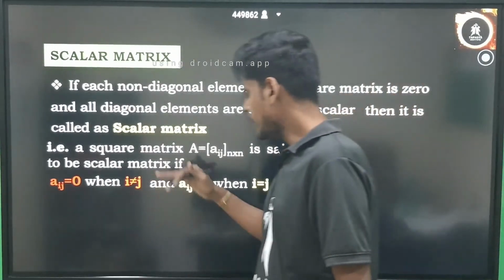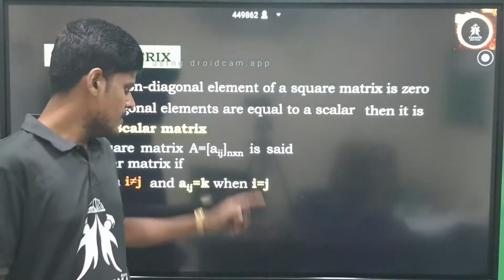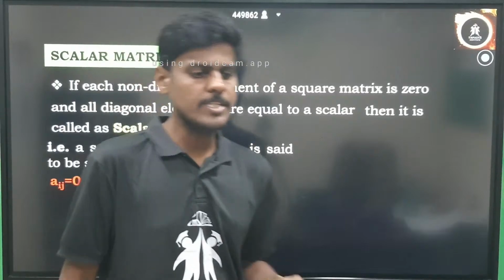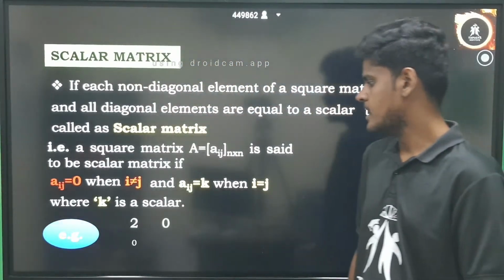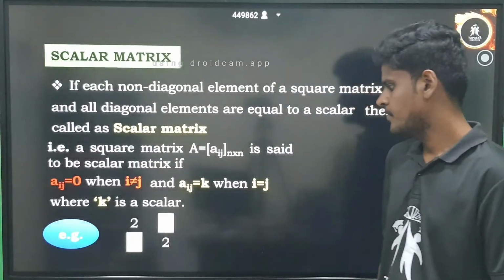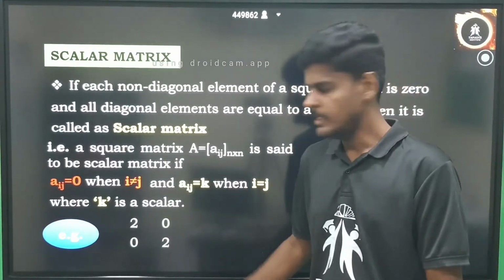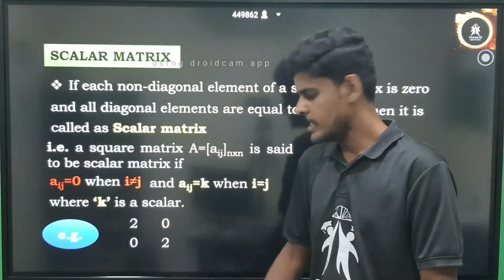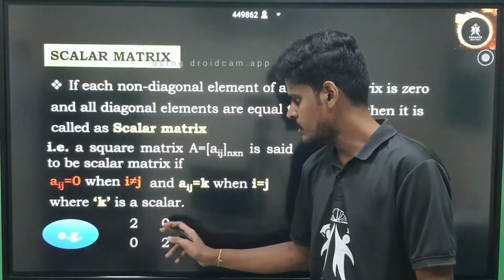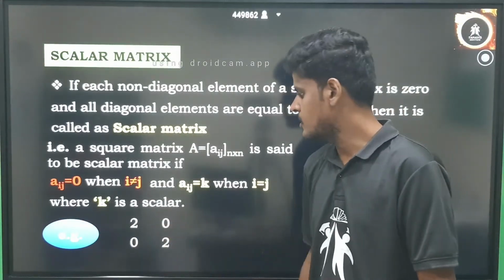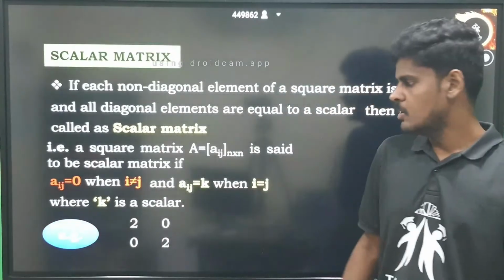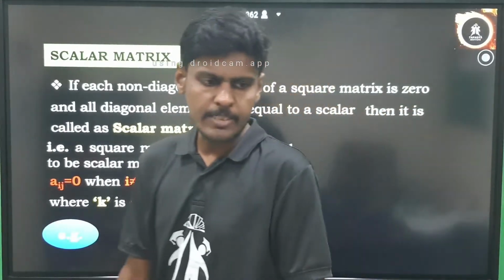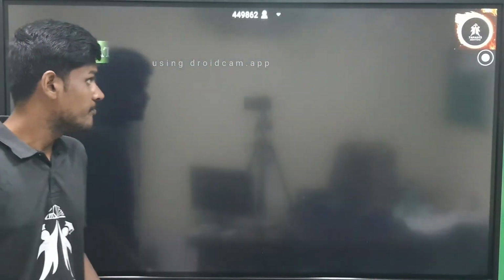That means all the diagonal elements become the same and non-diagonal elements become 0, where k is any scalar. For example, in this example, 0 is the non-diagonal element, so all the non-diagonal elements are 0. And what about diagonal elements? It is the same element too. Therefore, this is an example of a scalar matrix.